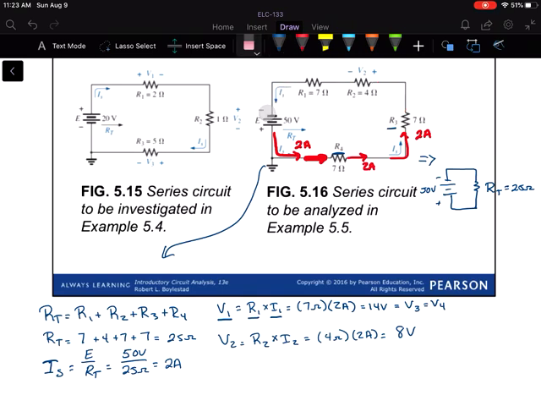Okay, so what does that mean? Let me get rid of some of this. That means that first of all, if our current is in this direction, all our voltage drops are going to be in this direction.